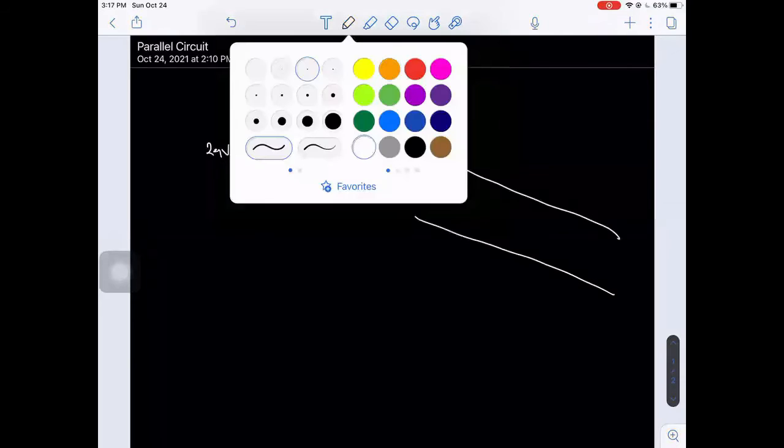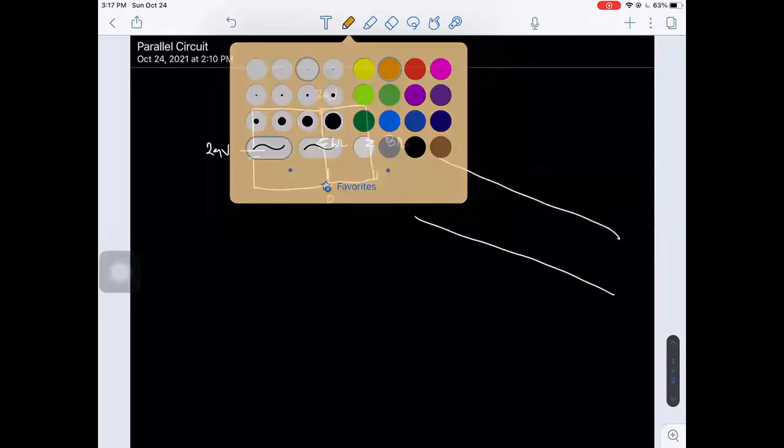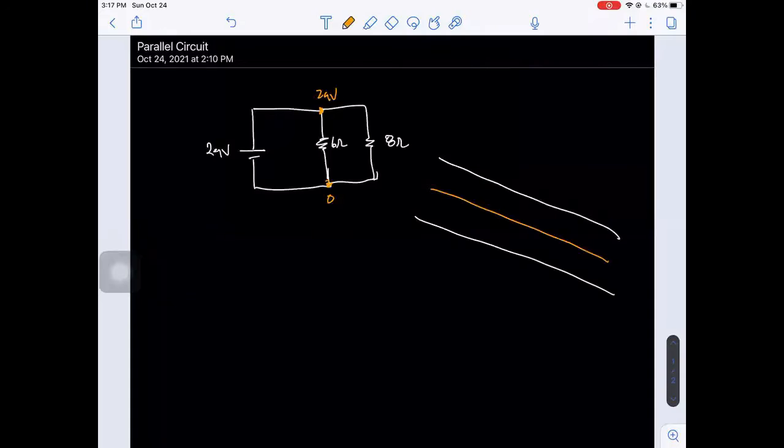Water will not flow from downstream to upstream; gravity will pull it down. The same goes for electric current. Current will flow from high potential, or high voltage, to low potential, which in our example is 24 volts to 0 volts.